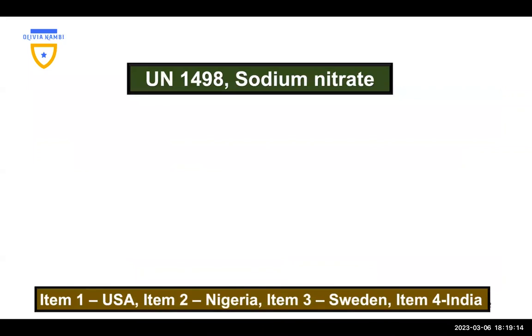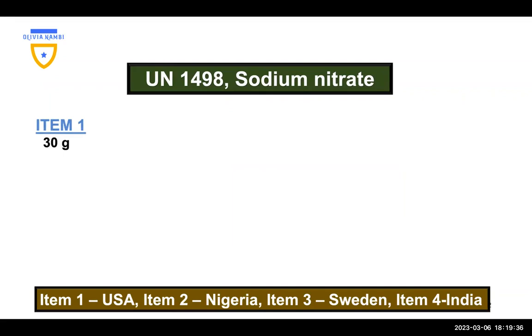We're going to take an example of sodium nitrite, UN 1498, and let us assume we have 4 different shipments, one to USA, another one to Nigeria, another one to Sweden, and another one to India.